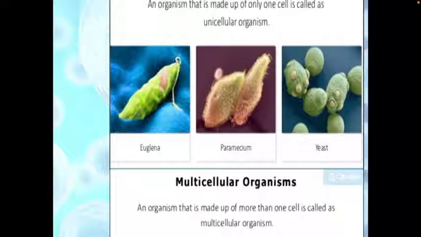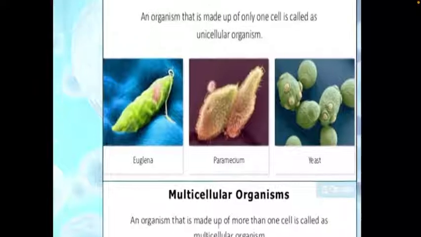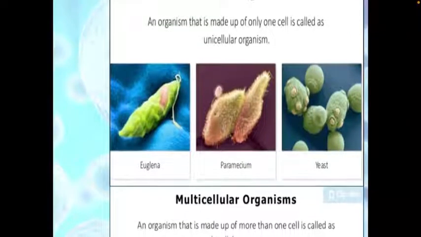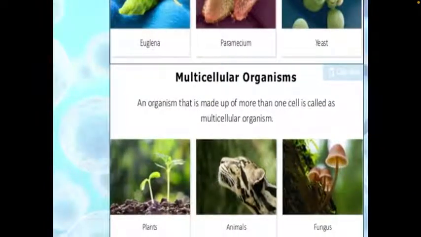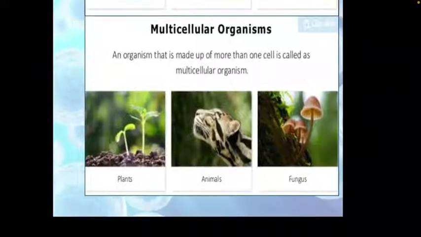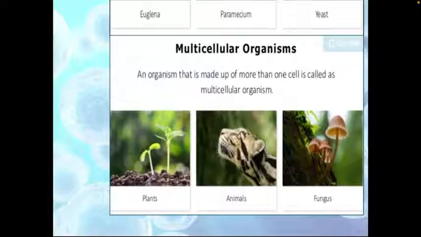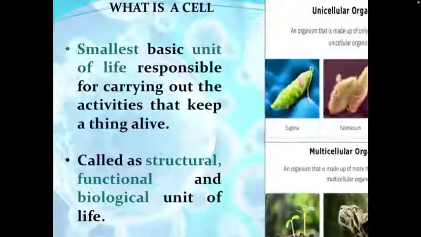For example, Euglena, Paramecium, yeast, and besides it Mycoplasma, bacteria, amoeba, they all are unicellular organisms because their body is made up of only one cell. Besides this, there are many organisms which are made up of more than one cell, like plants, animals, fungi, etc.